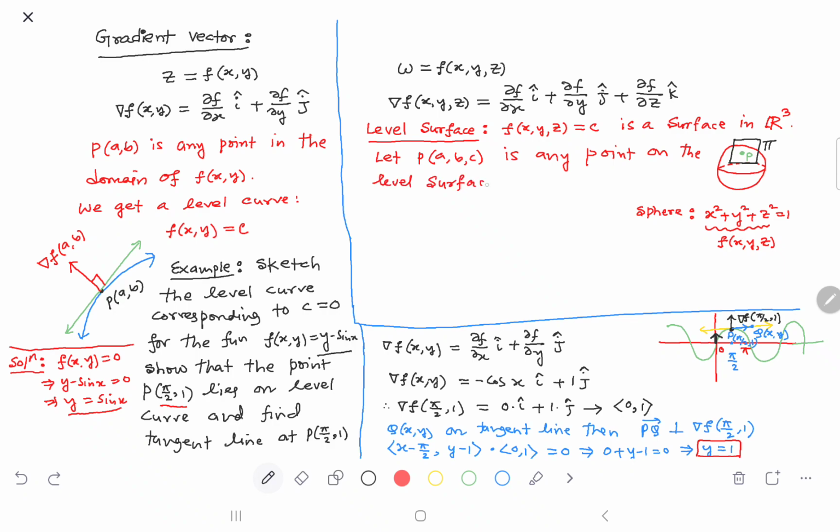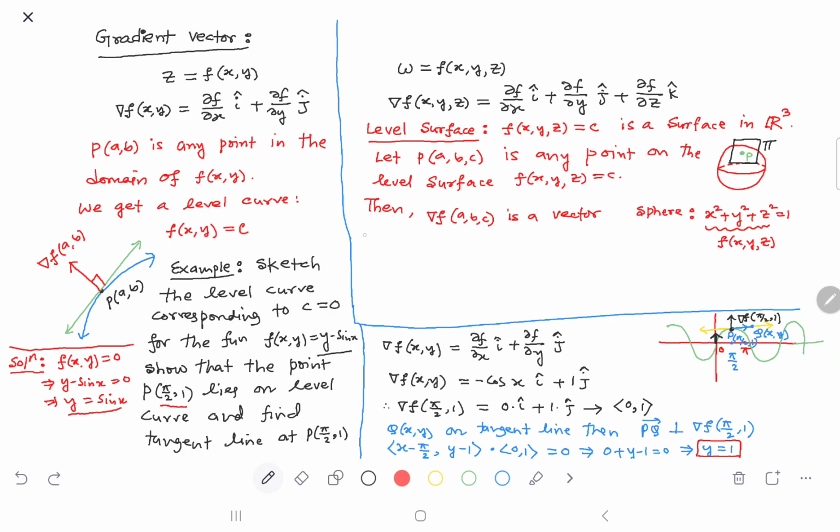Now I am using the term level surface: f of x, y, z equals a constant. Then the gradient of the function f at (a, b, c), we know how it is defined. This is a vector.